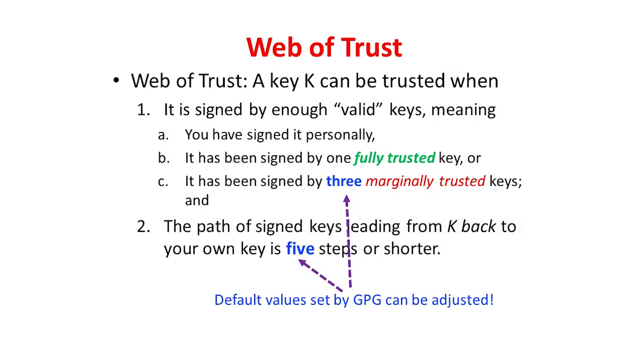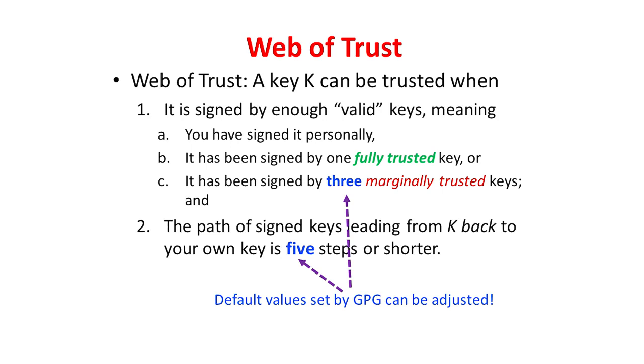Web of trust infers trust by considering the trust level of the keys along the path and the length of the path. In web of trust, a key K can be trusted when it is signed by enough valid keys along the path, meaning that one of the 3 conditions must be satisfied before it is considered valid.